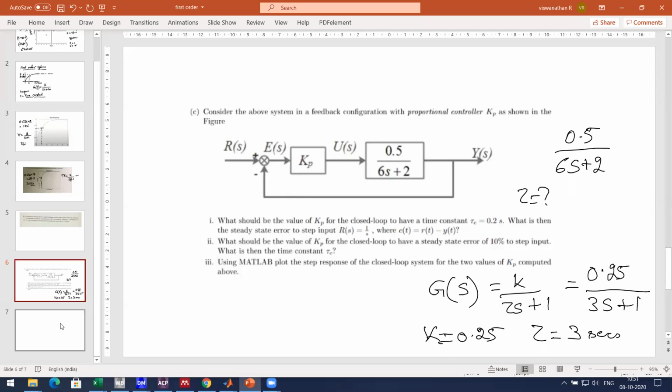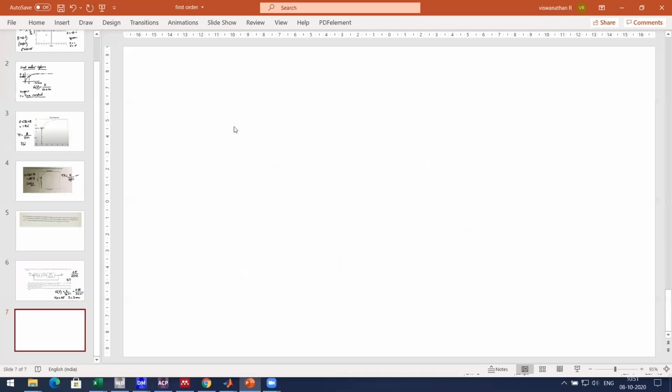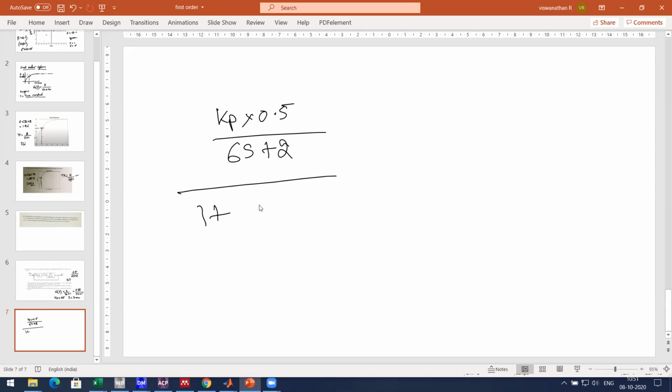G of s into Gc of s divided by 1 plus G of s into Gc of s. Kp into 0.5 divided by 6s plus 2, divided by 1 plus Kp into 0.5 divided by 6s plus 2. So what do you get?